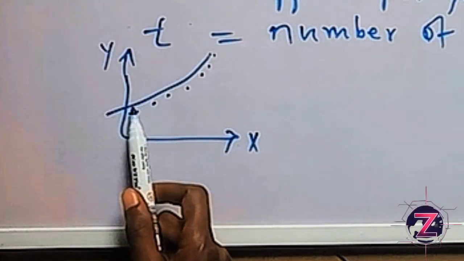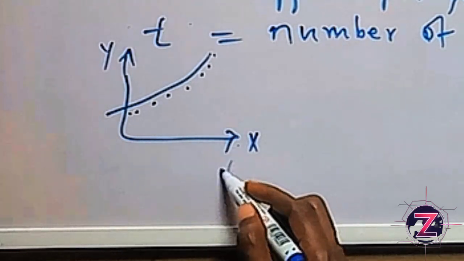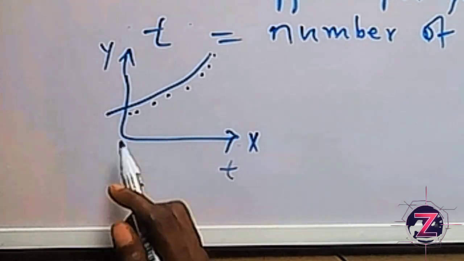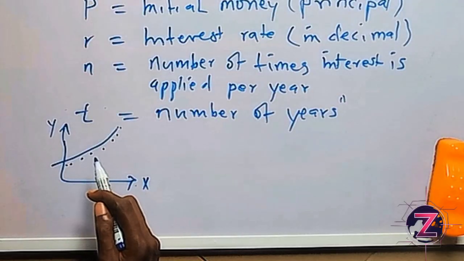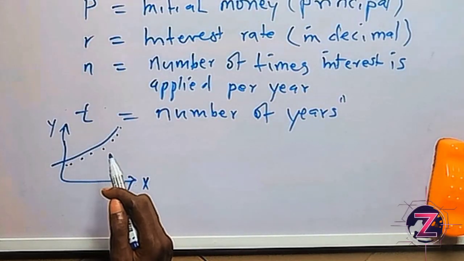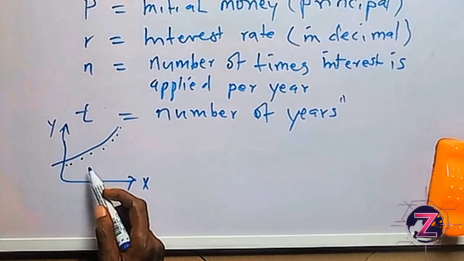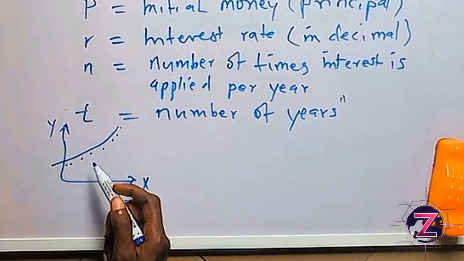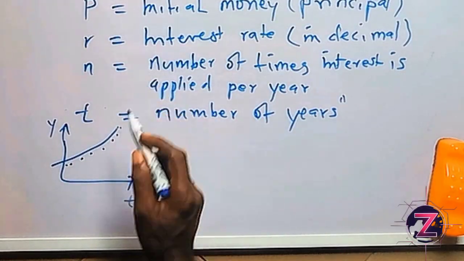It does not fall flat straight with time T, because your interest is added to your initial money or principal investment, growing per time.